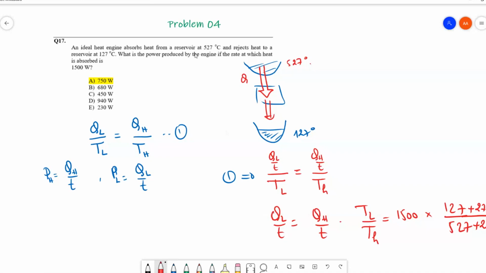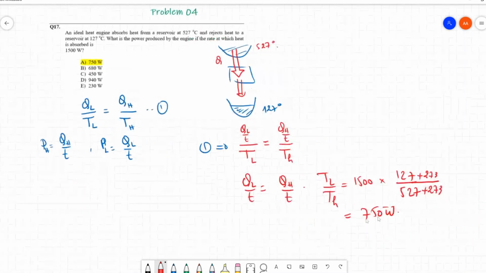Here they called it the rate at which heat is absorbed, or the power produced by the engine. So you get 7,500 watt. Actually, here it's not exactly this. This one is the rate at which energy is released to this reservoir.